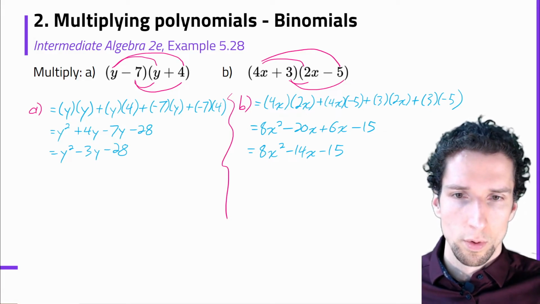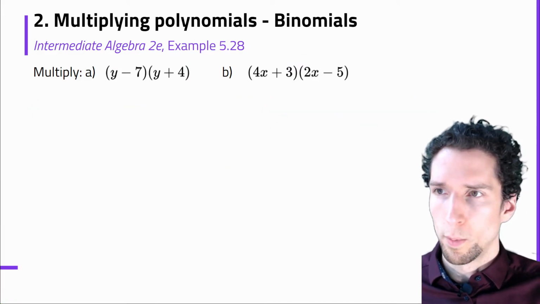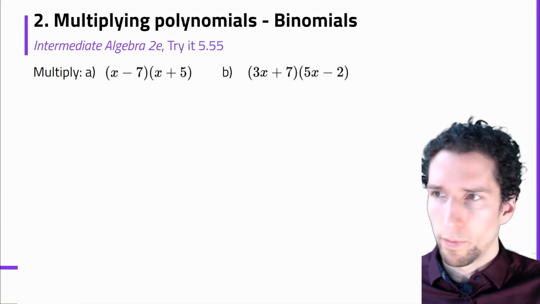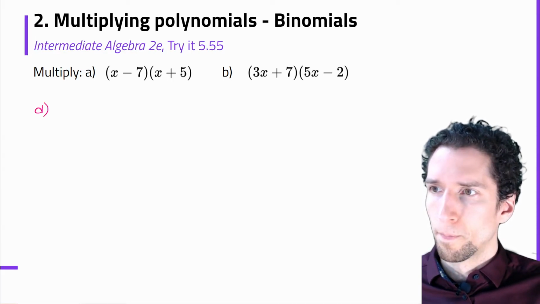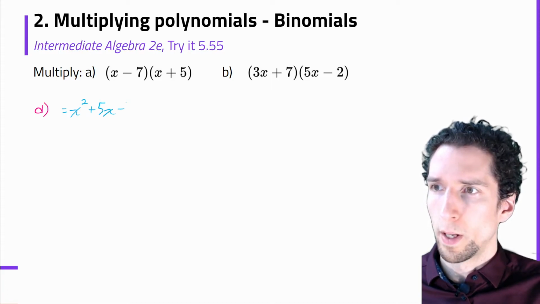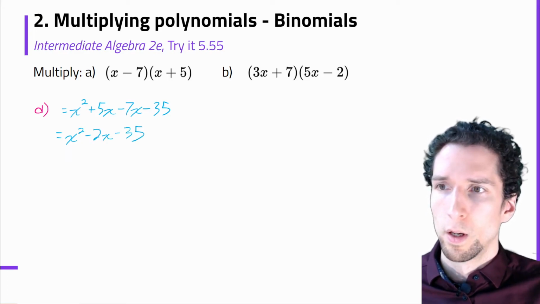Let's do, again, one practice for me where I go a little faster. So A here. So we have x squared and x and 5, so plus 5x and minus 7x minus 35. So x squared minus 2x minus 35.